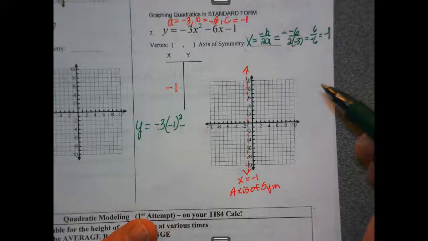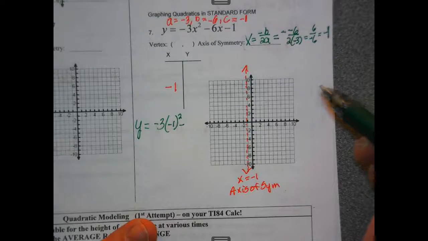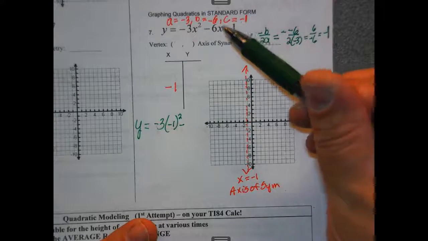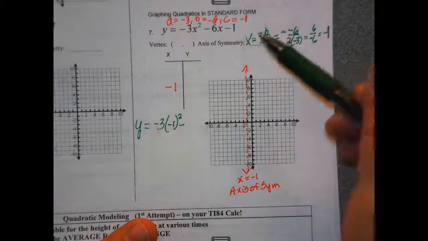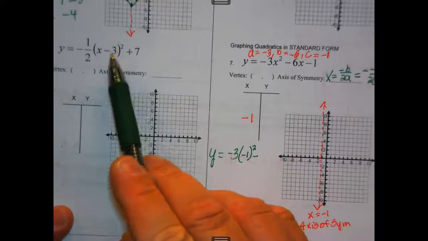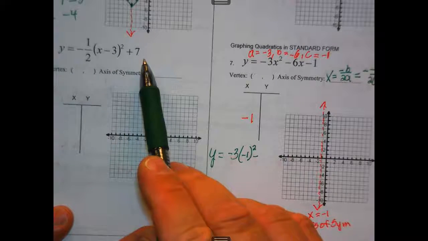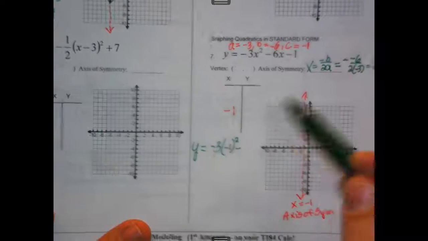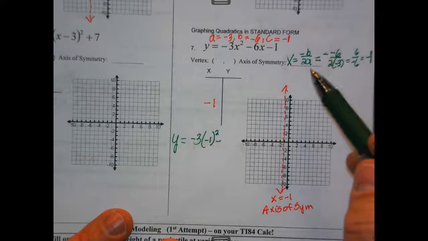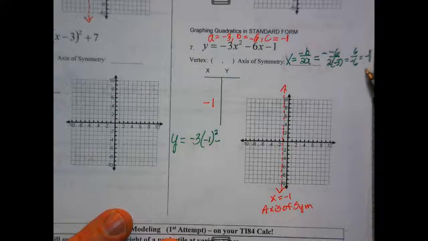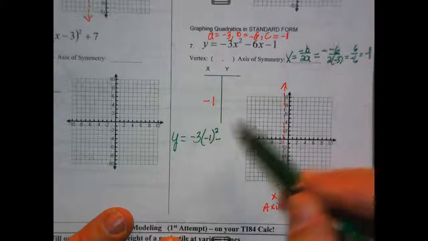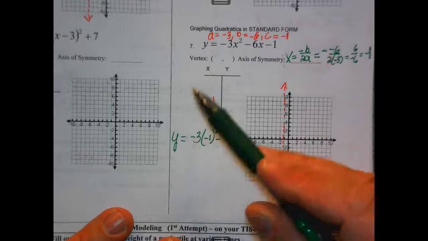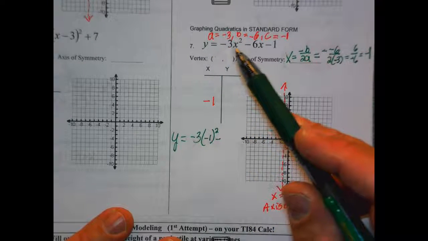No, you're thinking of vertex form. This is standard form. I can't pick it right out of the formula. If it was in vertex form, I could just say, oh, it's +3, +7. But this is standard form. Well, I did the -b over 2a for the x coordinate. That's the x's symmetry. So I need to plug -1 back into -3x squared.